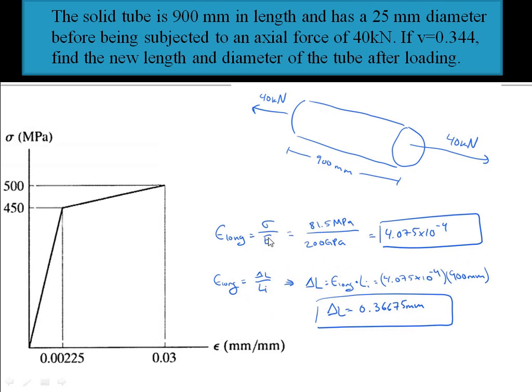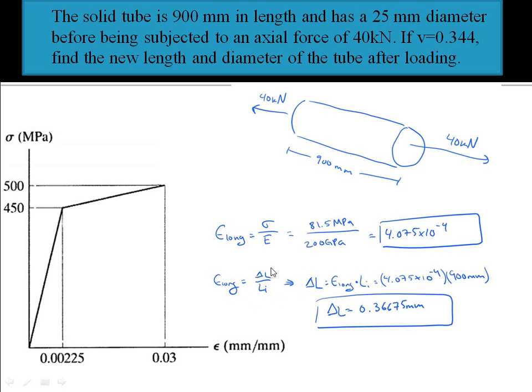The next step, once we found sigma and E, I found strain longitude, which is along this axis right here. So I did 81.5 divided by 200, and that gave me some number here. And I also know that E longitude equals delta L over L initial.